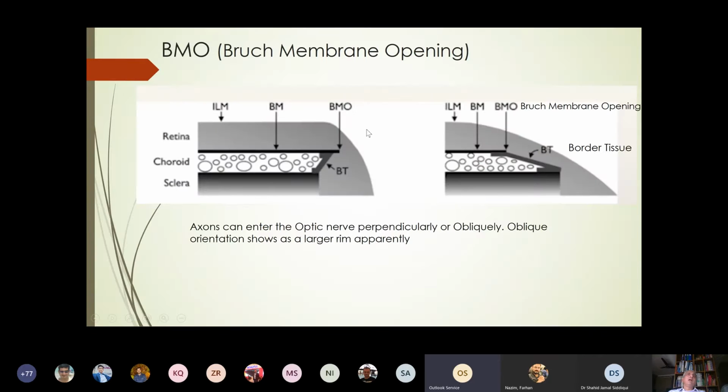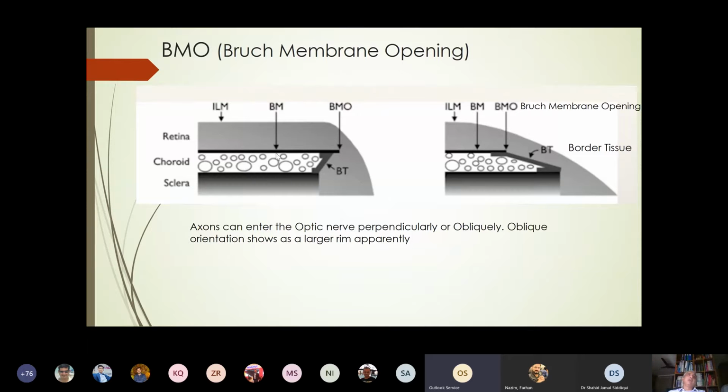We go forward, then we come on to an interesting concept in OCT of the optic nerve head, which I initially had some struggle to find out what it was. The axon enters the nerve perpendicularly or sometimes obliquely. Oblique orientation shows a larger rim apparently when you see from above.